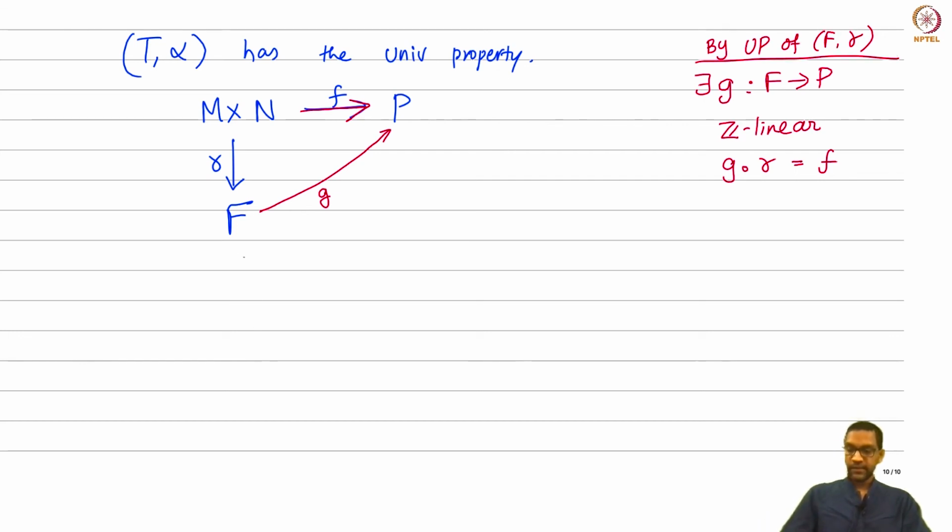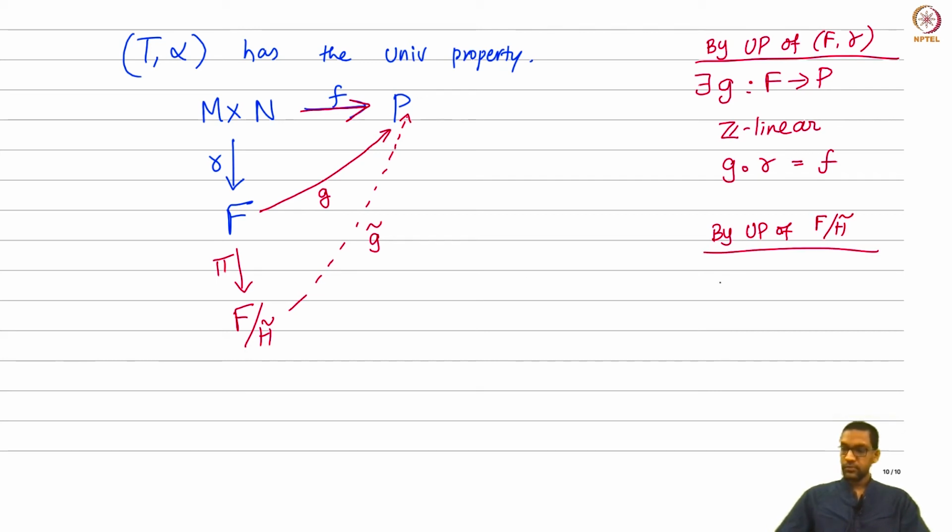Now, the second universal property that we need is, we go to the quotient F mod H tilde, and we said that the universal property of the quotient was the following: if this map G has a property that its kernel contains H tilde, then there is a unique map from the quotient to P. Okay, so by the universal property of the quotient, we need to first check, before we use it, that the kernel of G contains H tilde.